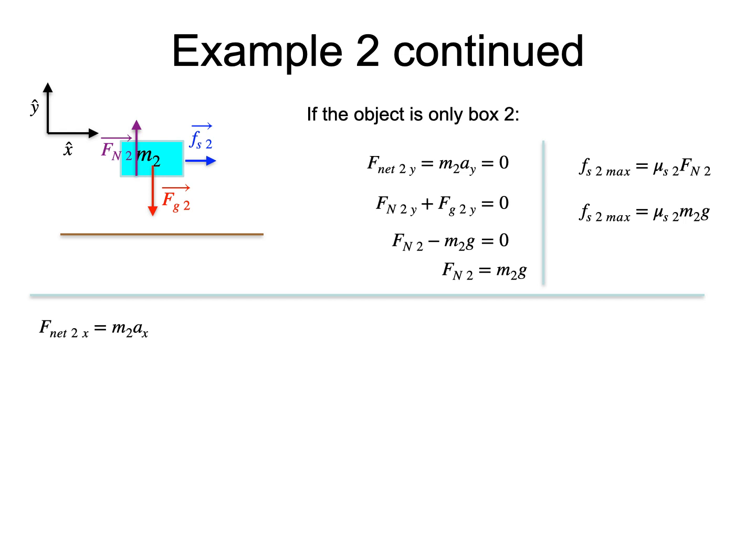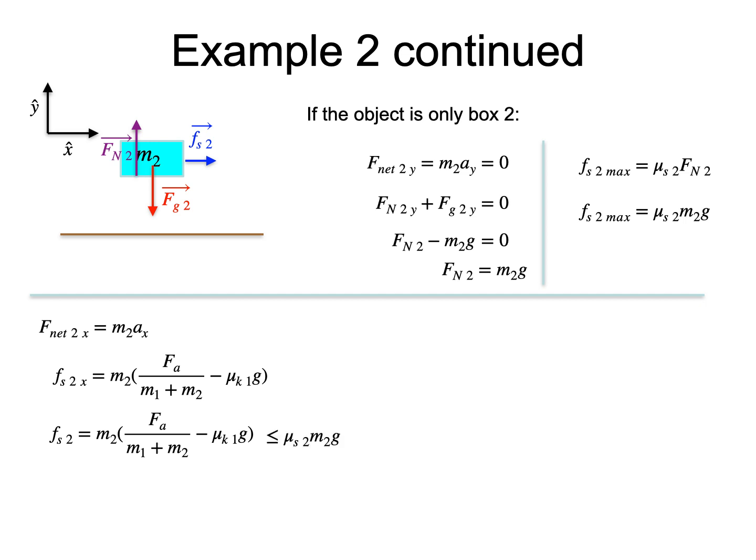The only horizontal force on m2 is the static friction force, and we can also use the expression for the x component of the acceleration that we have derived earlier. Due to the set of reference directions, the x component of the static friction force is the magnitude of the static friction force. Fs2 needs to be smaller or equal to its maximum.